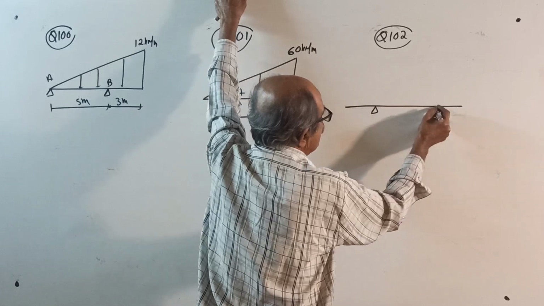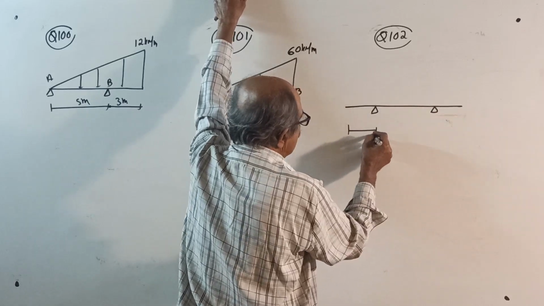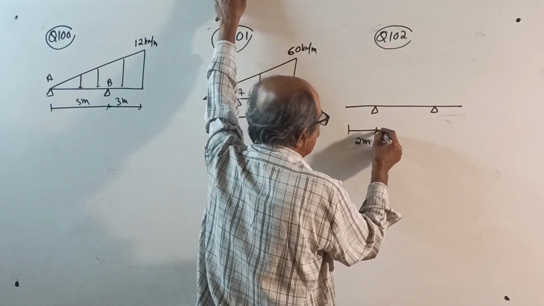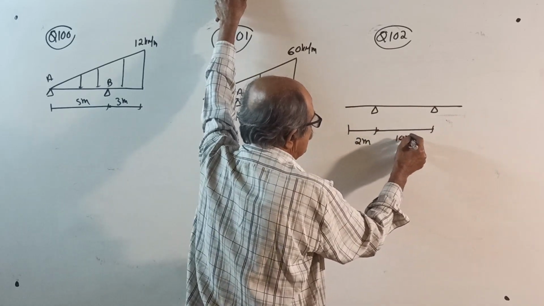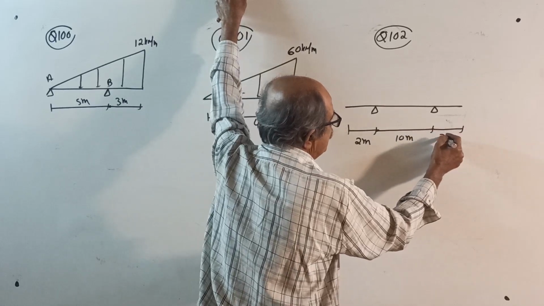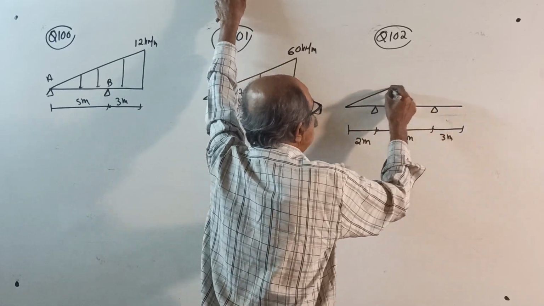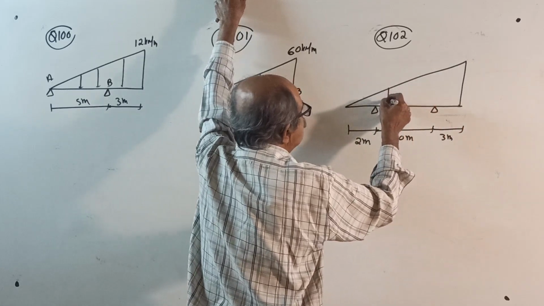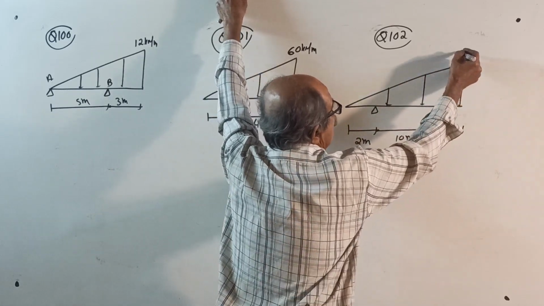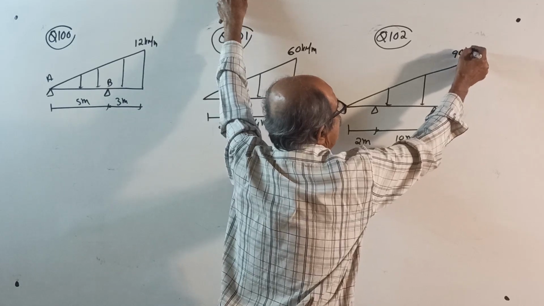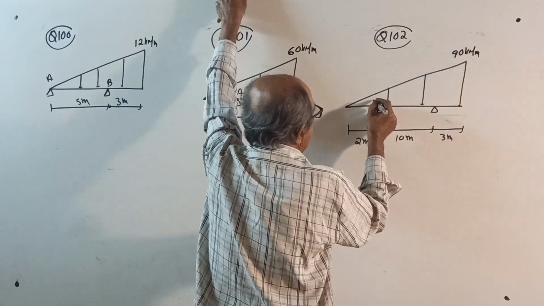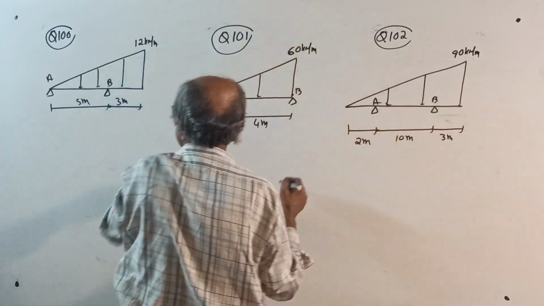Double overhang. 2 meter, 10 meter and 3 meter. Full UVL like this. This is a very important question. Sometimes this is 90 kilonewton per meter. AB. I will give the answer for all.